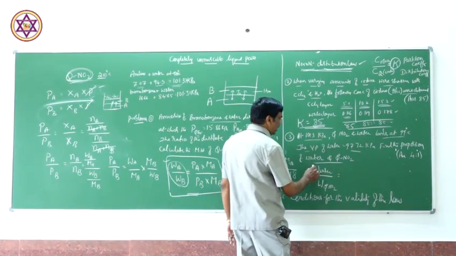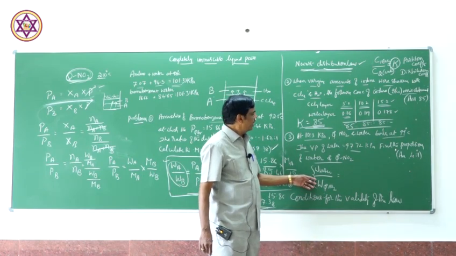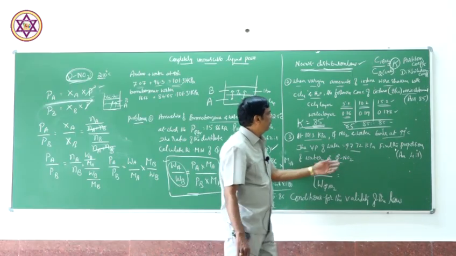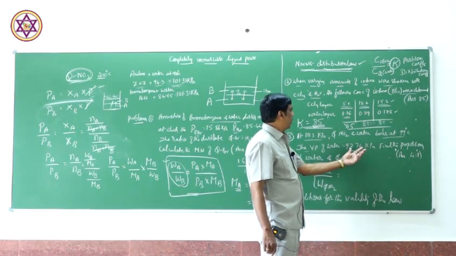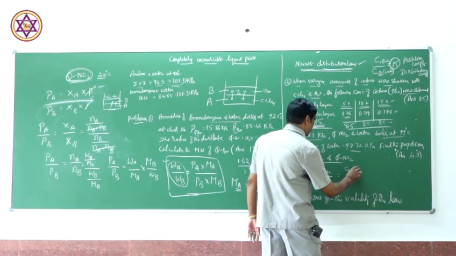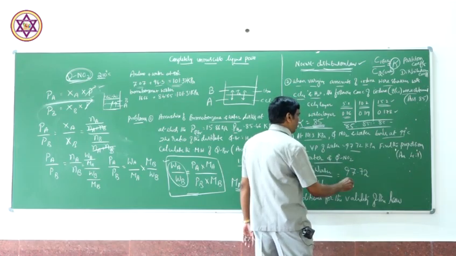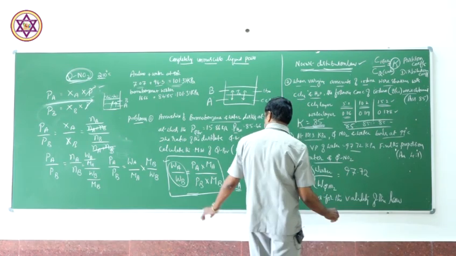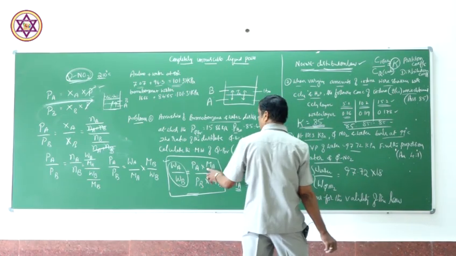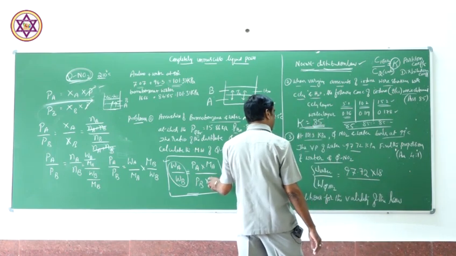So here we have to calculate the weight percentage of water and nitrobenzene by knowing the vapor pressure. The vapor pressure of water is given, P water 97.72, into molecular weight of water 18, divided by the weight percentage of water.